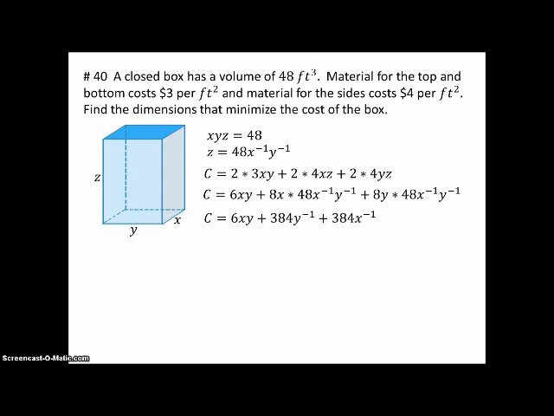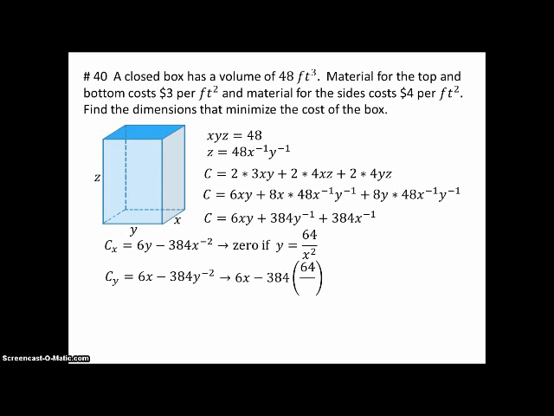And then take the partial derivatives, one with respect to x, and it will only be 0 if y is 64 over x squared. And then the partial derivative with respect to y, we can go ahead and substitute 64 over x squared for y, and simplifying that and solving it, which I didn't show the work, but I'm sure you can do that, you get x equal 4.